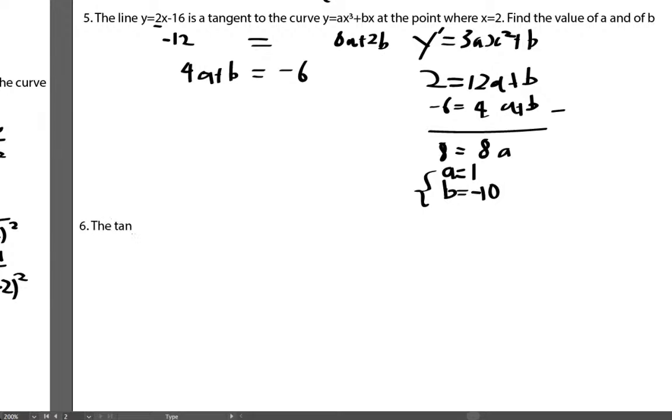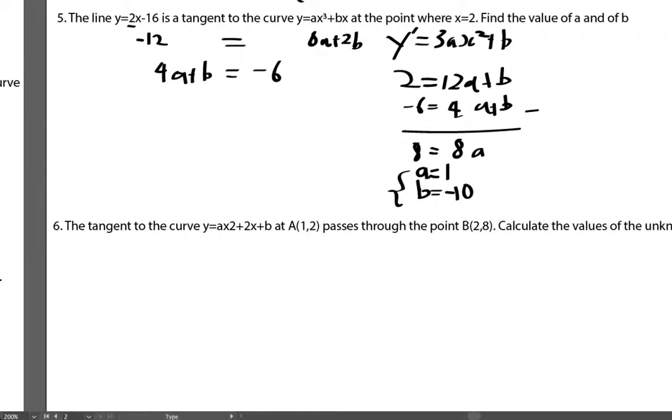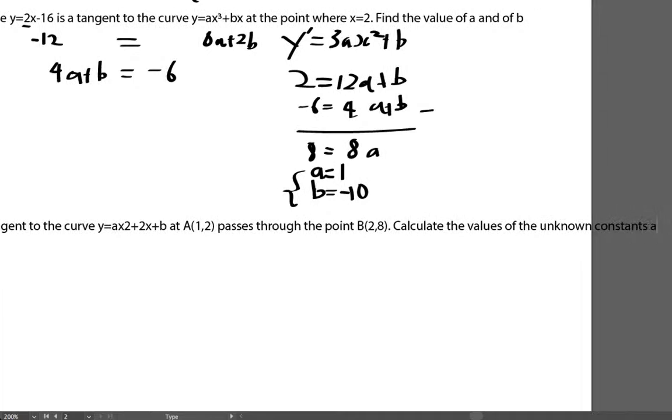The tangent to the curve y equals ax squared plus 2x plus b at A(1, 2) passes through the point B(2, 8). Calculate the values of the unknown constants a and b.